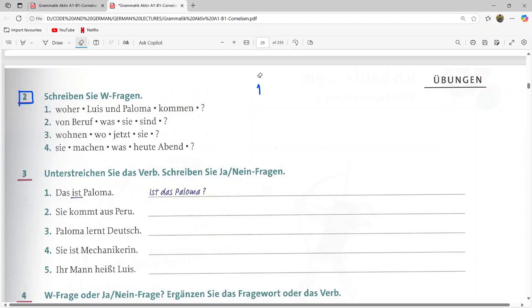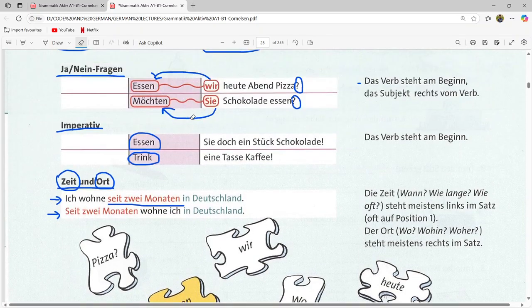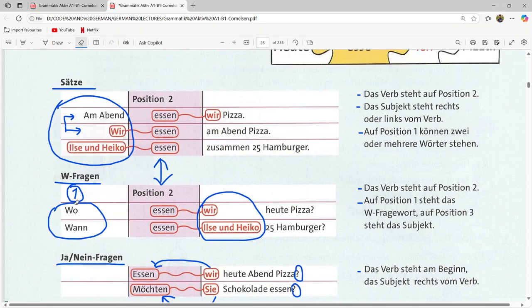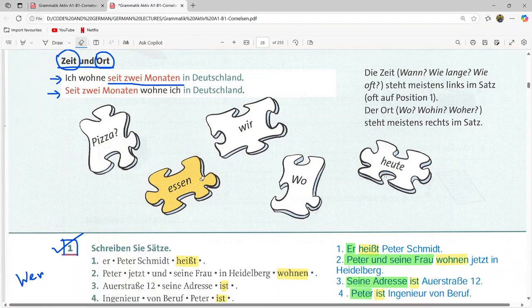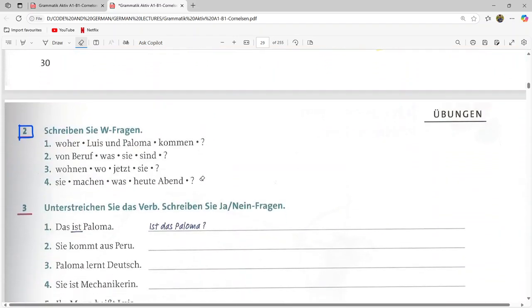Wait, I will show it at the beginning. At position 1 the W-Frage word, then position 2 the verb, and then the rest of the things. Note that on the right side of the verb we keep the subject. Okay, so very easy.